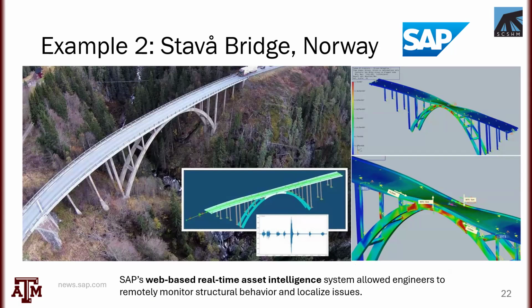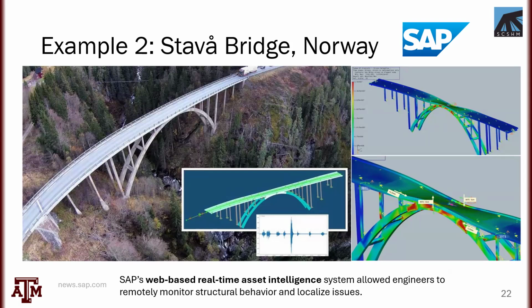Norway is a country that generally has excellent infrastructure, but they had this 80-year-old Stava bridge that was long a source of stress for many of these Norwegian public road administration officials. So what they did was they developed a digital twin. They instrumented the bridge with structural health monitoring sensors and just basically left it at that.